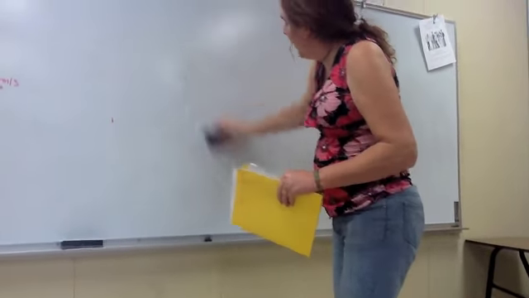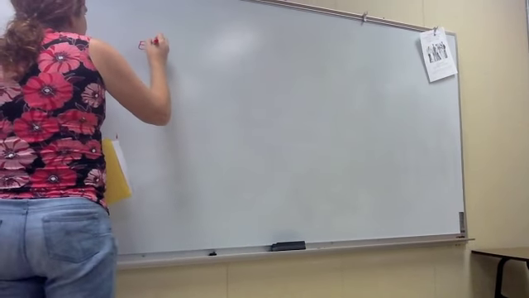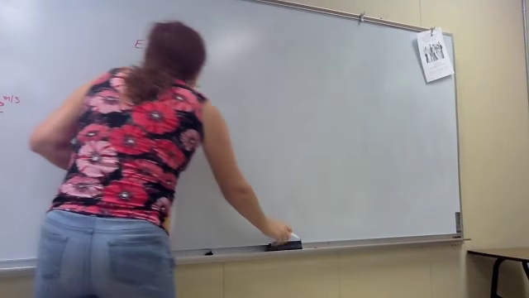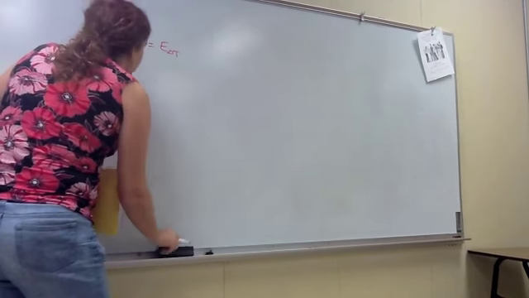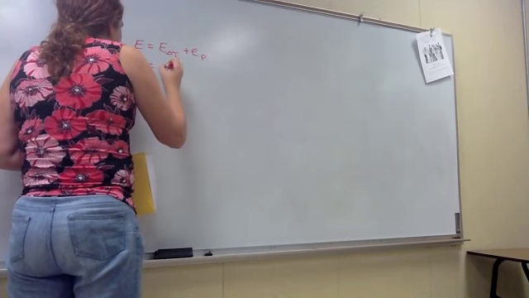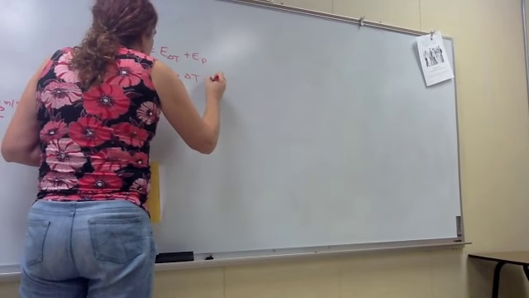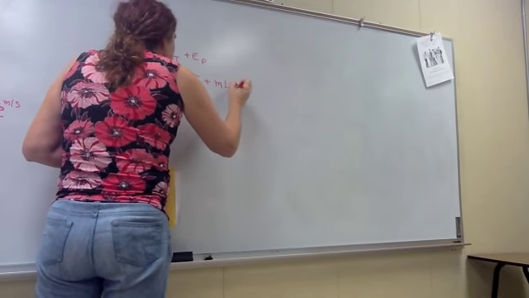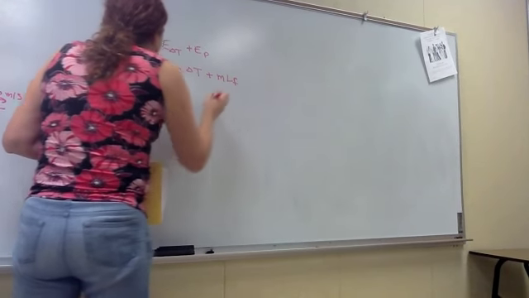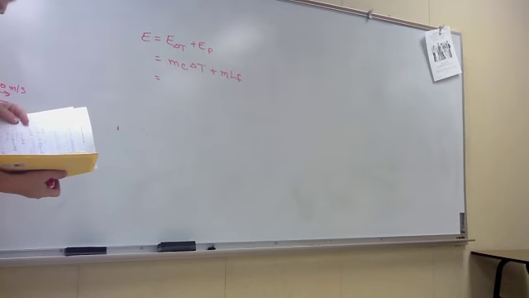So the energy that we need to give to bring this about is going to be equal to these two things we've just defined here, to keep it in that notation first. The energy for the temperature was mc times the change in temperature, plus we had the mass times the latent heat of fusion, L sub f, for water. I'll give you that value in anything that we do here.